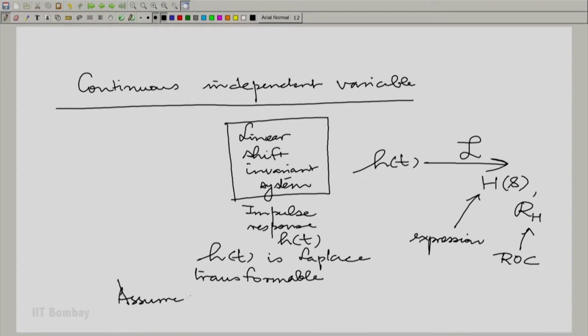We shall assume that H(s) is rational. So, therefore, we are actually looking at a restricted context. We are not trying to look at all possible continuous independent variable systems which have a Laplace transform for their impulse response. That is because more general systems could be a little tricky to deal with.